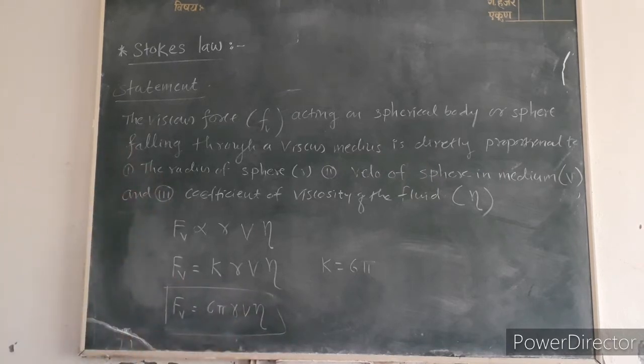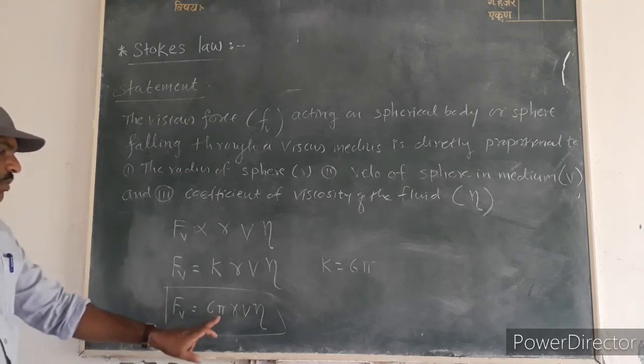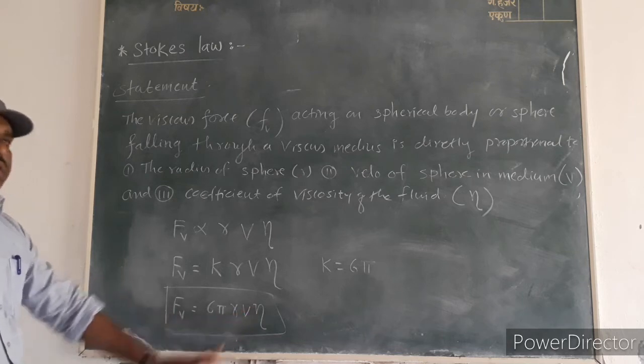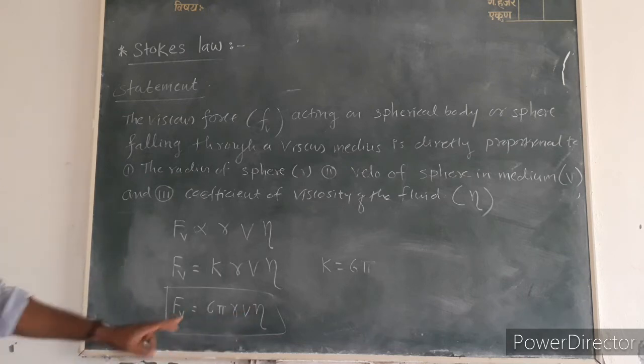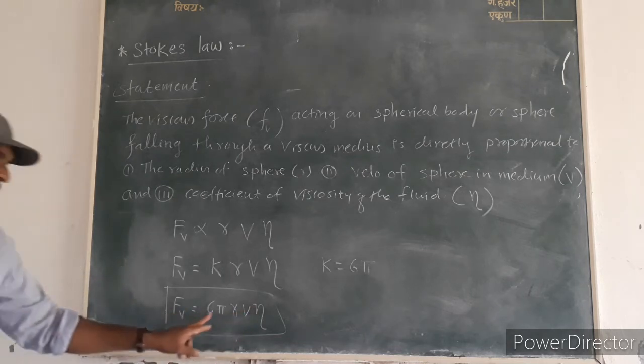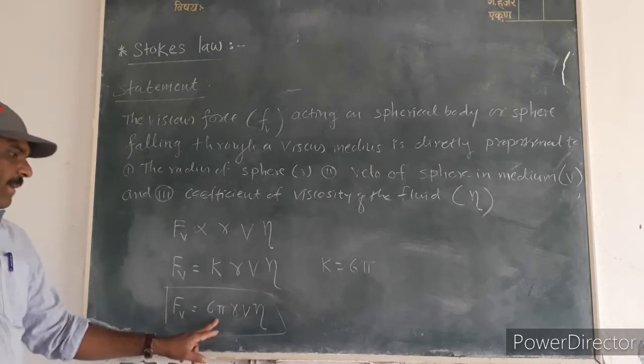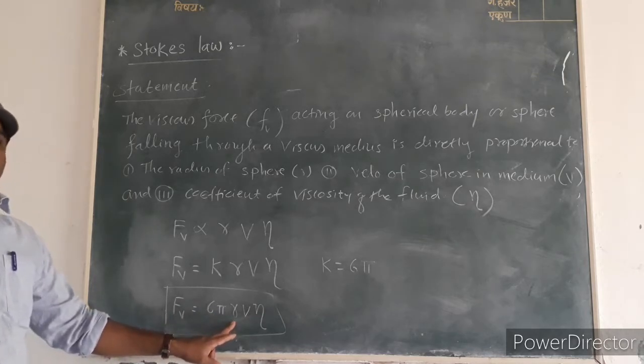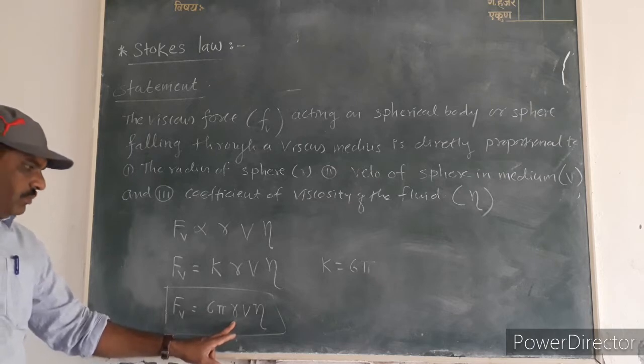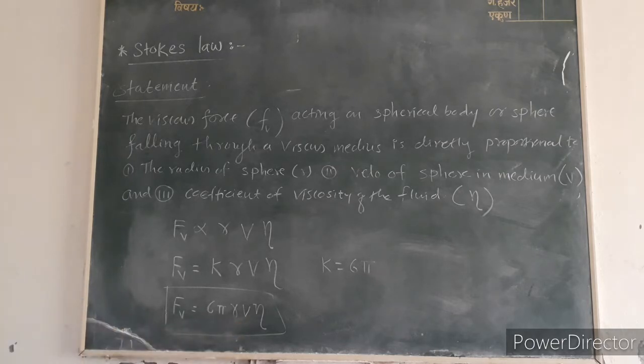This equation is called Stokes' Law, where Fv is the viscous force, 6 pi is a constant, r is the radius of the spherical ball, v is the velocity of that ball in the viscous medium, and eta is the coefficient of viscosity. This is Stokes' law.